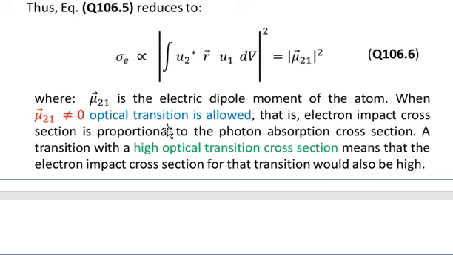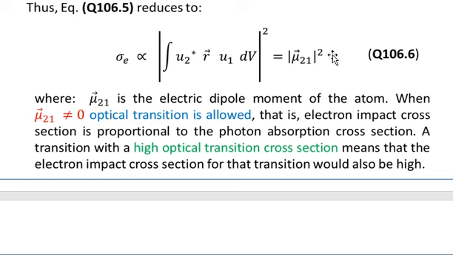So since the optical transition is allowed, on the left hand side we have written the electron impact cross section sigma e, and on the right hand side we have obtained an expression which is the absorption cross section of the photon.